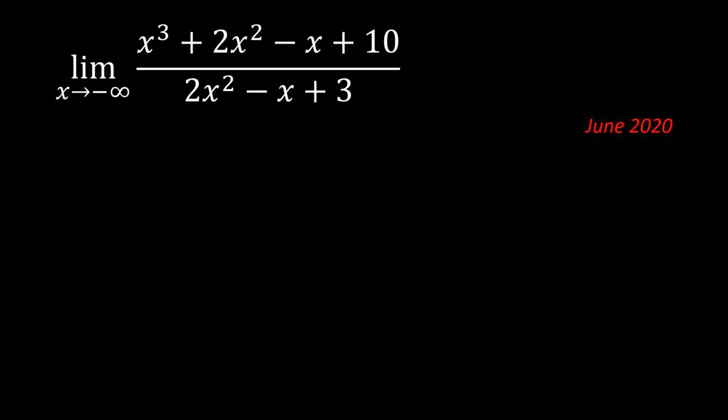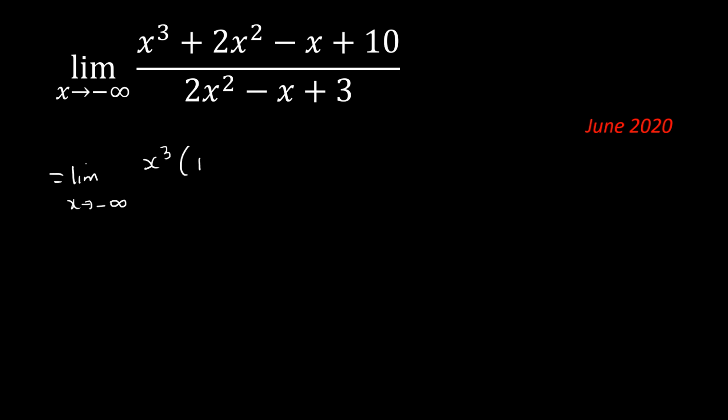Okay, here's the first question. We can see at the top we have the highest power of x. This is x approaching negative infinity. That shouldn't confuse you, never mind it. So at the top I have a power of 3, which means I'm going to remove x to the power 3.